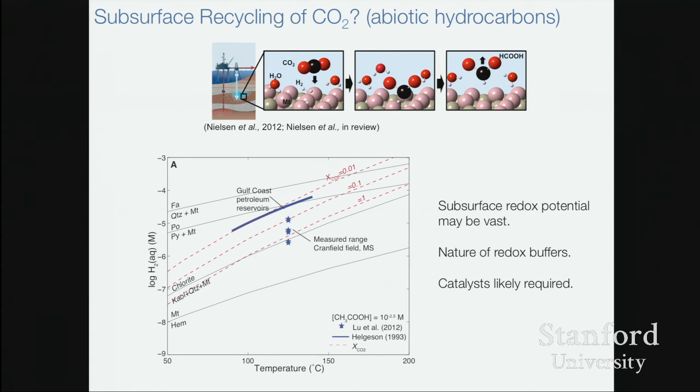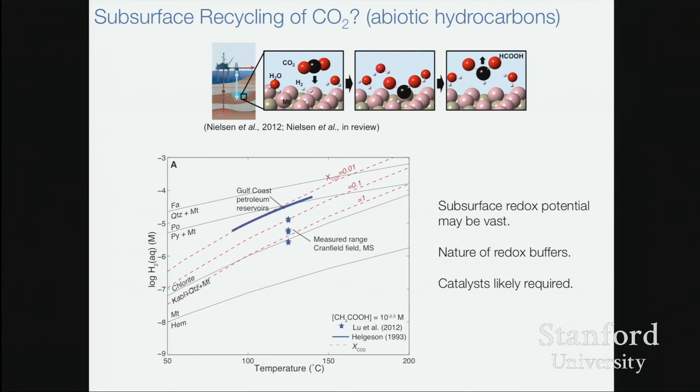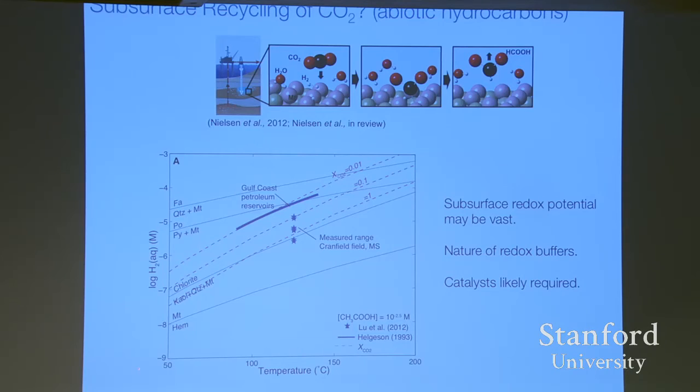And this is a pretty complicated diagram. I'm just going to explain the basics. So this is the log of aqueous hydrogen, and this is basically just a proxy for redox conditions. So if you guys are chemists, you can think of Eh, or reducing conditions. So in this plot, very oxidizing conditions are down here. So the Earth's surface is somewhere in here, and then this is just temperature.